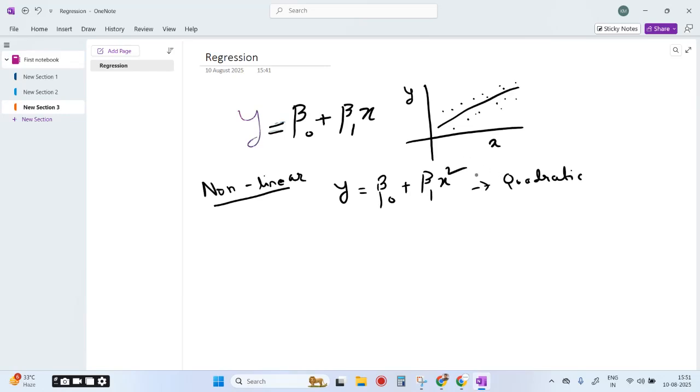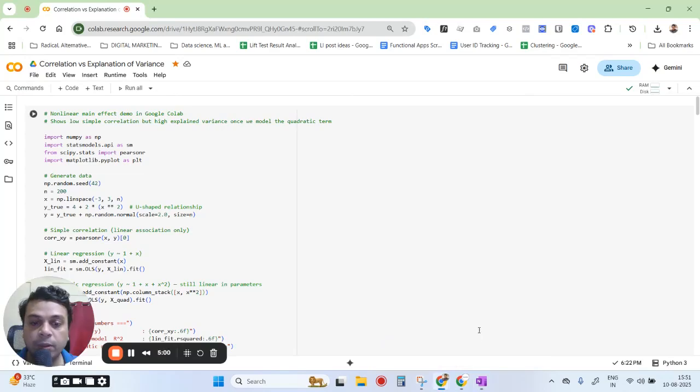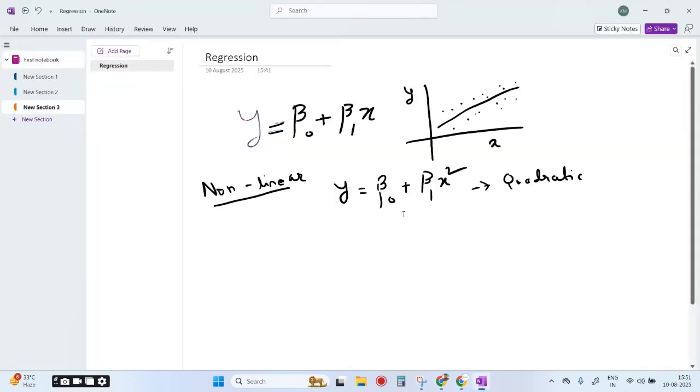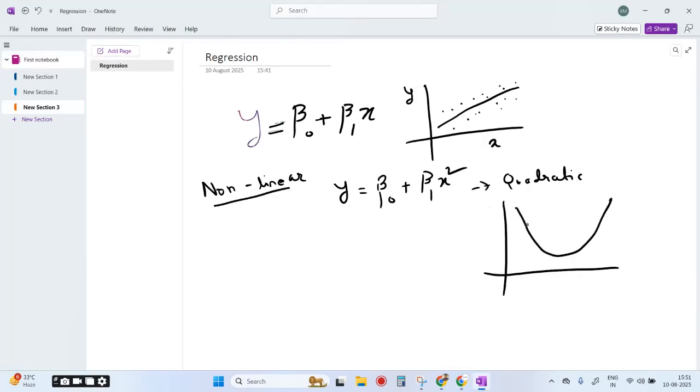And if you're going to talk about how this relationship actually works out, this is basically going to look something like this. All right. So there is a quadratic relationship between y and x in this case.